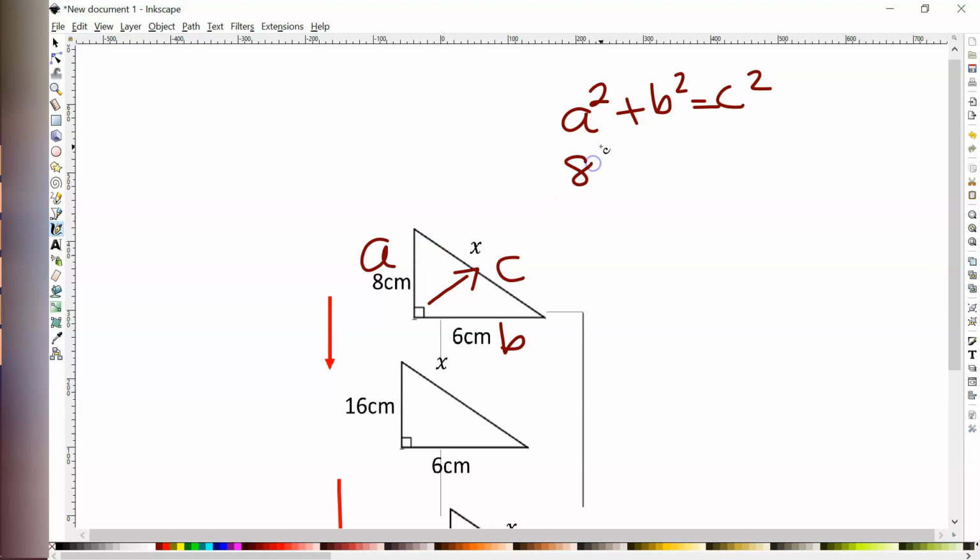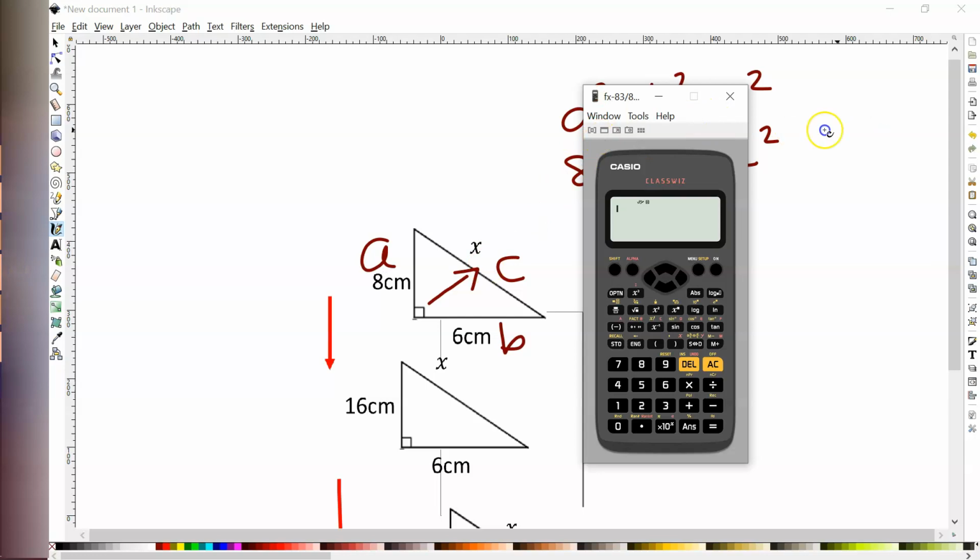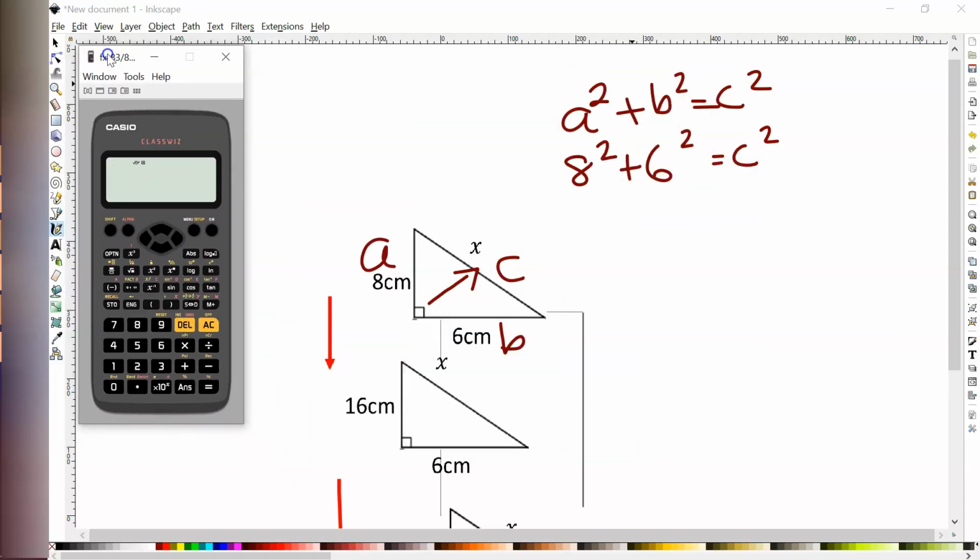So A is 8, so that's 8 squared, plus B is 6, so that's 6 squared, that equals C squared. We don't know what C is. If you're not familiar with your squaring numbers, we would do the following.